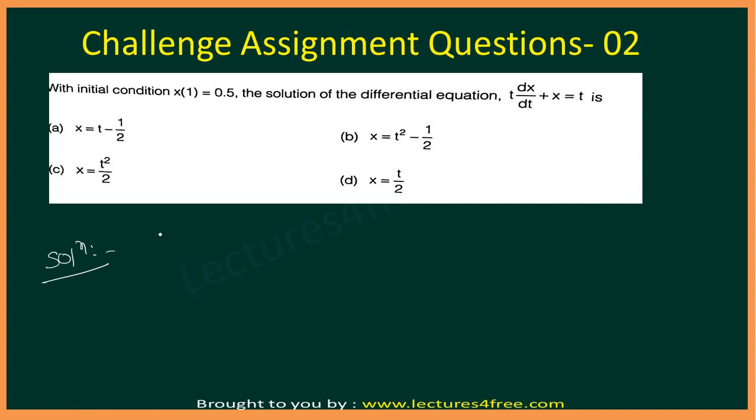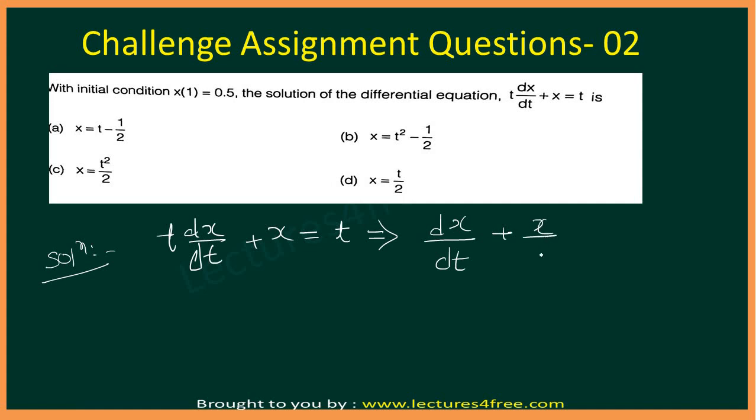So the given equation is t into dx upon dt plus x is equal to t. Okay, so this is not a linear differential equation, but if I divide by t on both sides, then I will get an equation like this: dx upon dt plus x upon t is equal to 1.